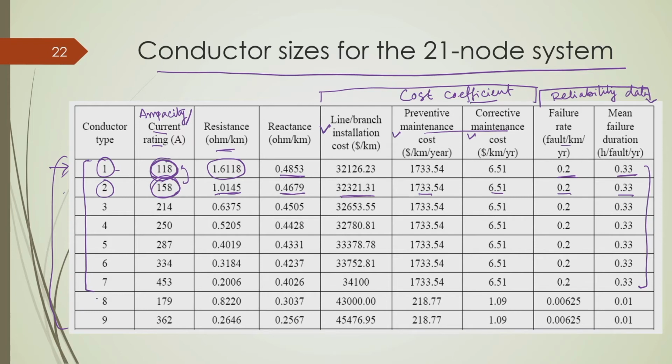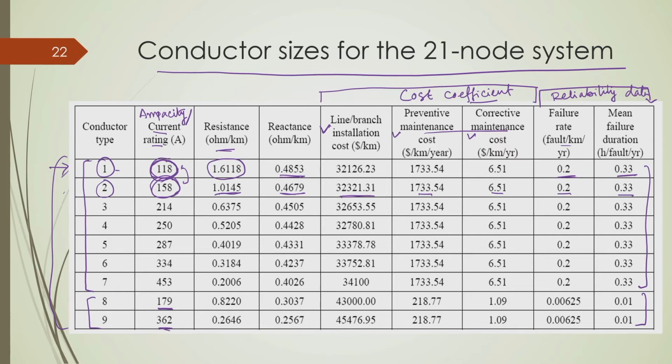But conductor type 8 and 9 are different. So, conductor 8 is having ampacity of this and 9 is having higher ampacity, but their failure rate and repair duration are significantly small. Okay.